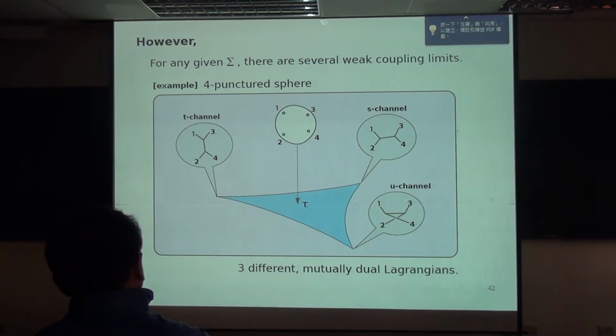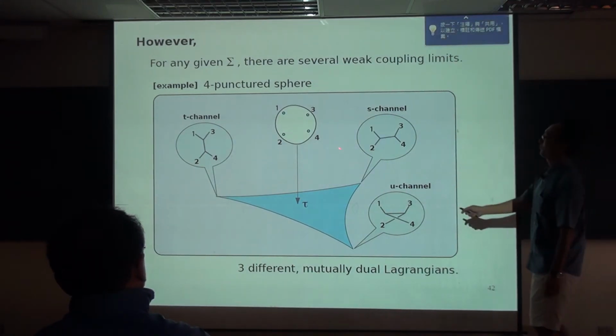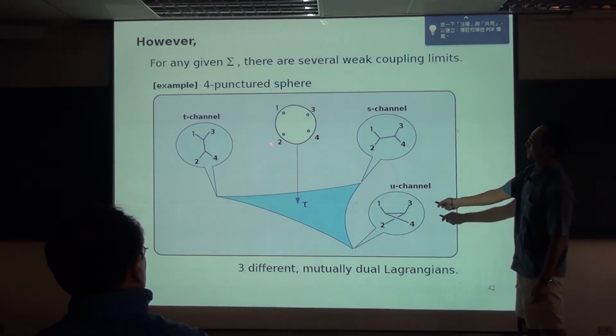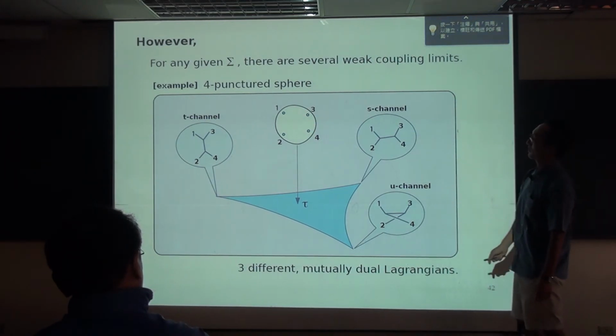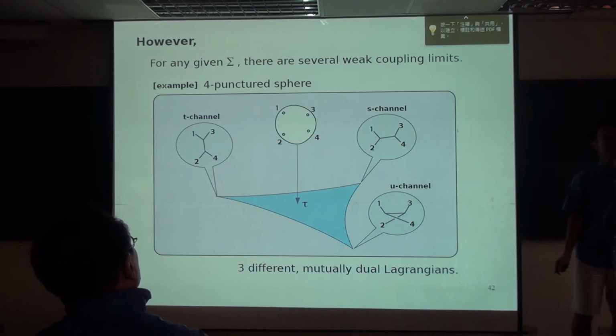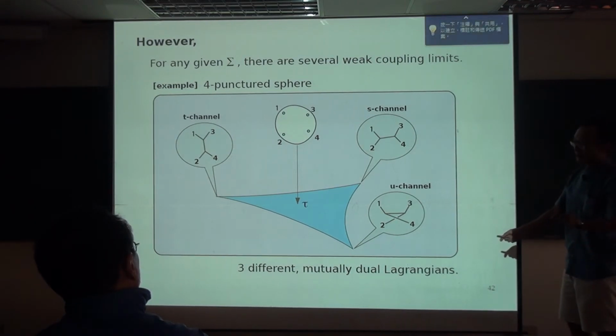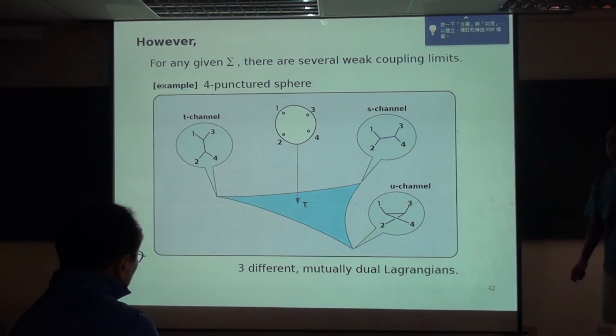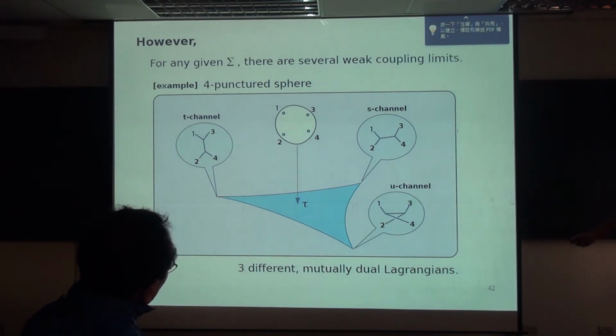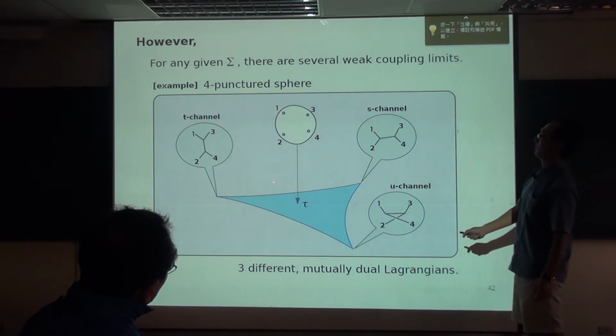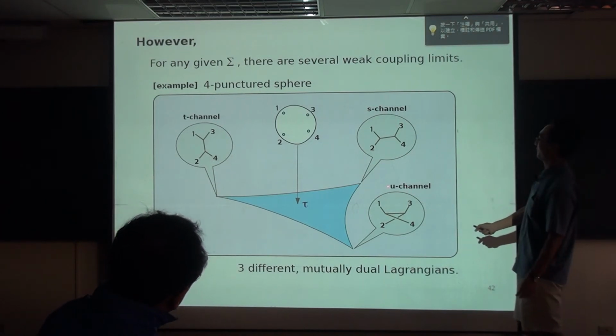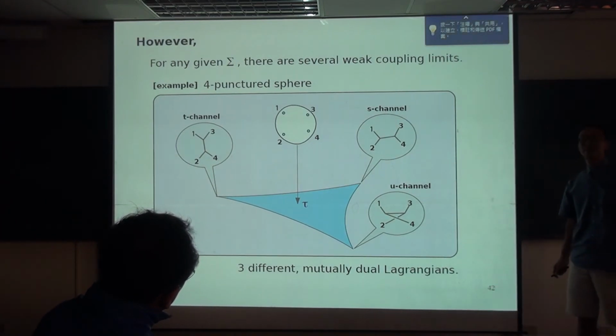This shows that for M5 branes wrapping on this Riemann surface, there are 3 Lagrangian descriptions, mutually dual to each other. Also, the coupling has a very mathematically precise relation with the shape of this 4-punctured sphere. So if you wish, you can establish a very precise mathematical connection between the couplings describing these Lagrangians.